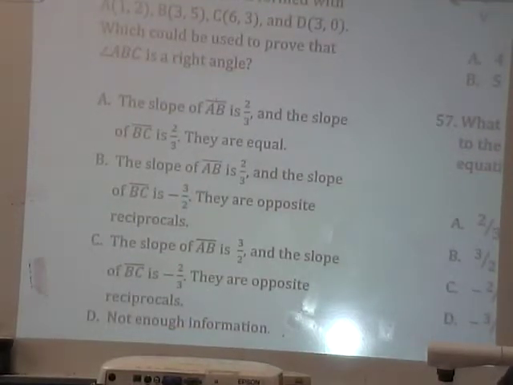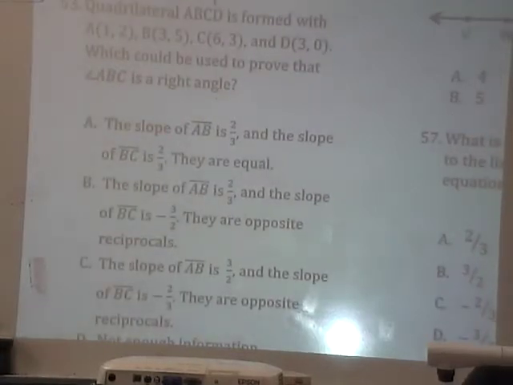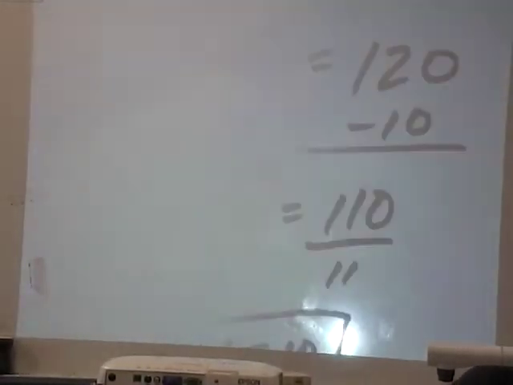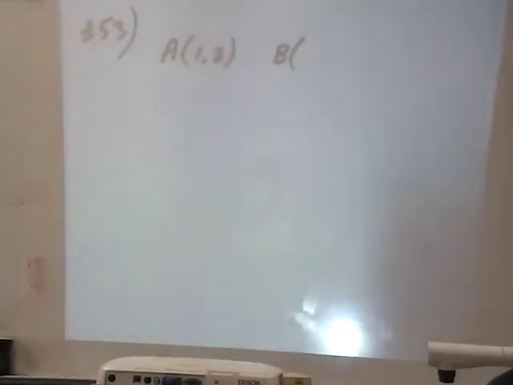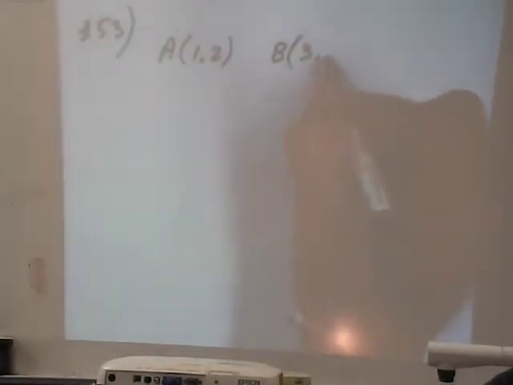Let's find the slope of AB. Let's see. A is (1, 2) and B is (3, 5).